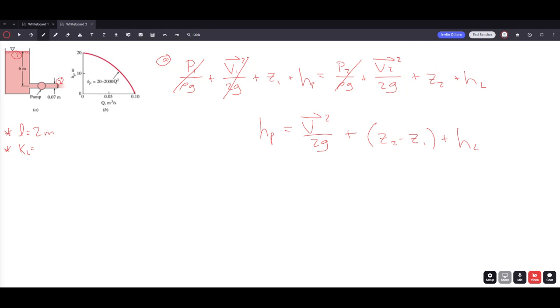Since the entrance flow is sharp-edged, KL equals 0.5. That's going to come into play when we do our minor losses, I believe.